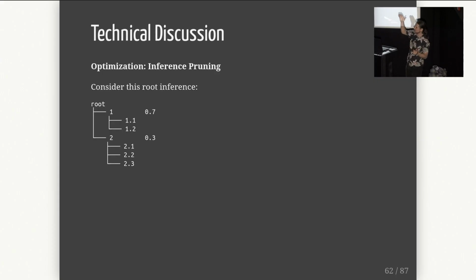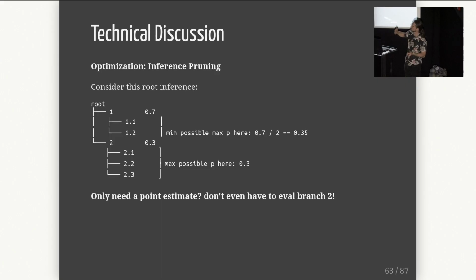And the max any probability could be on branch 2 is 0.3, because of the chain rule: everything under 2 is less than 1, and I'm multiplying it by 0.3. So I know I can completely prune branch 2, because there's no way it could exceed the lowest possible max probability on branch 1, and then I have more efficient inference.